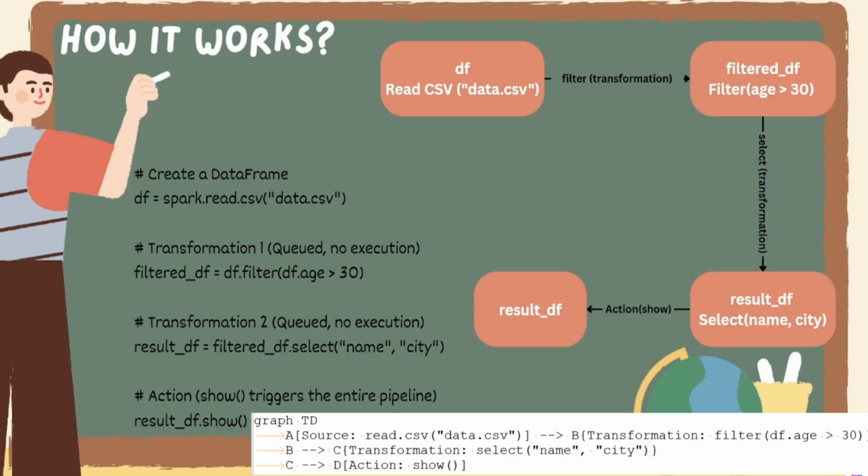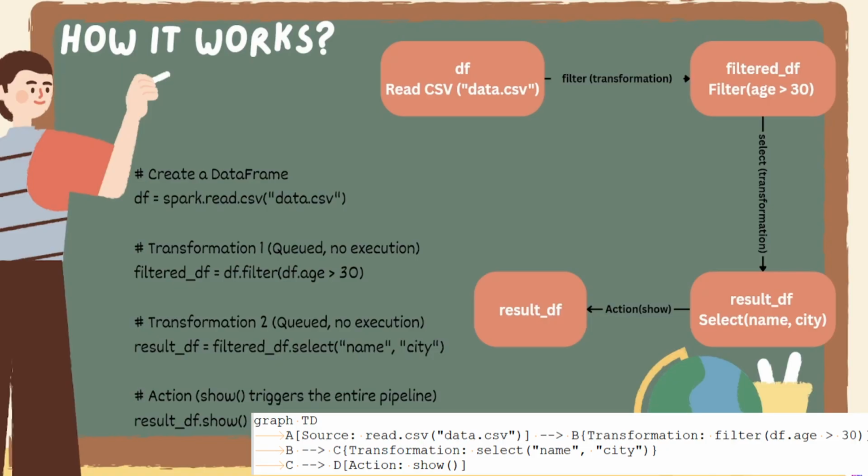Let's now look at a practical example to see how lazy evaluation works in PySpark. Pay attention to what Spark is doing at each step and what it is not doing yet. In the first line, we are creating a data frame from the CSV file. At this stage, Spark does not read the entire file into memory.